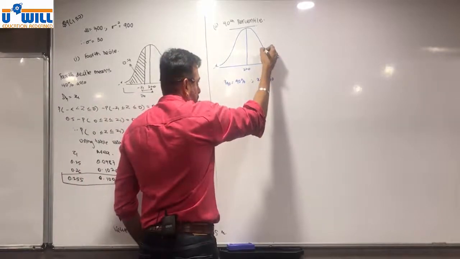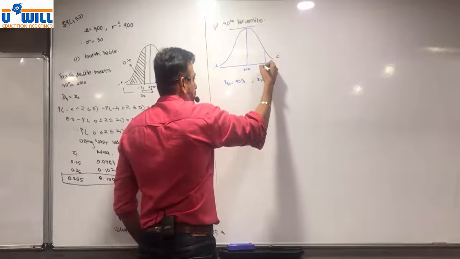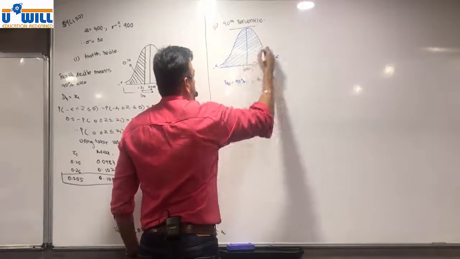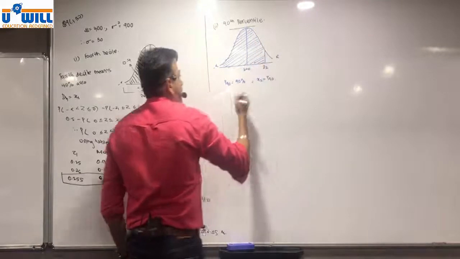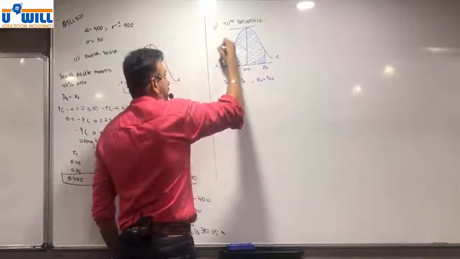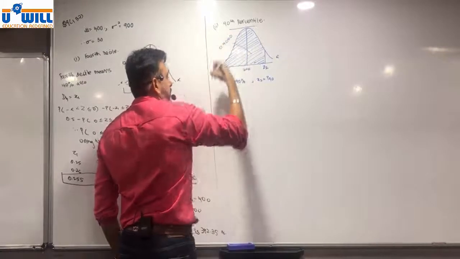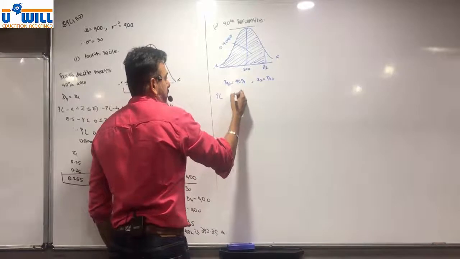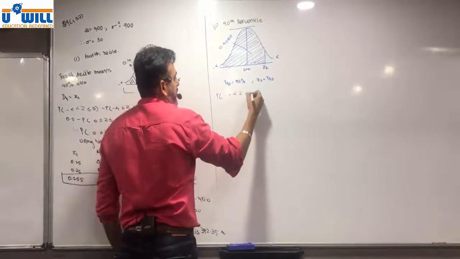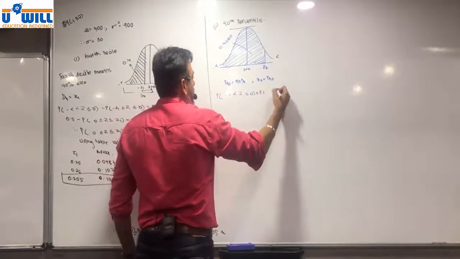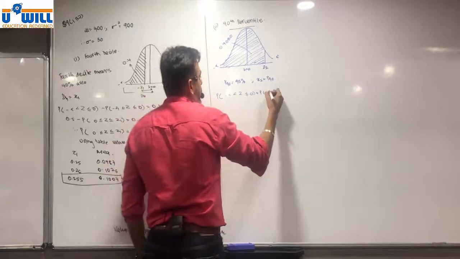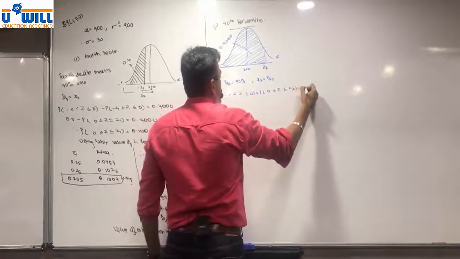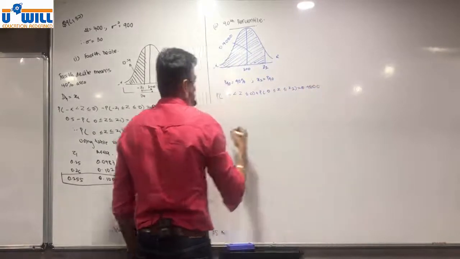So somewhere over here is Z2. Now this complete area is 0.90. So we make the equation: probability of Z less than or equal to 0, plus probability of Z between 0 and Z2, is equal to 0.9000.